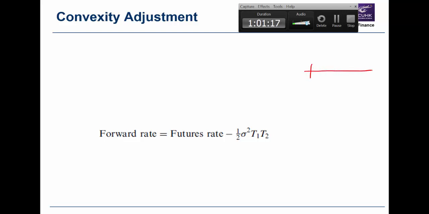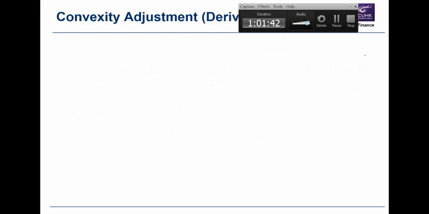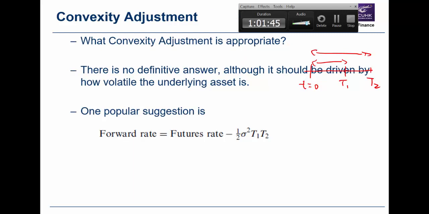So if now T is 0, and you are trading a forward rate between T1 and T2, so this is T1, this is T2. Now this is what someone came up with, and you're wondering, oh, that's interesting. Where does that come from? Now, I don't like just giving you formulas and saying, okay, that's the adjustment. So I'm going to try and show you where this came from.